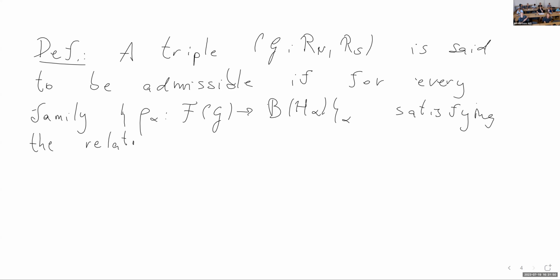So these Rn and Rs, are they finite collections of relations, or could they be infinite? It can be infinite, not necessarily finite. In general, they're going to be infinite. In fact, if you allow an infinite set of relations, you can restrict yourself to strictly positive numbers in the case of the norm relations. You can impose all norm less than 1/n.